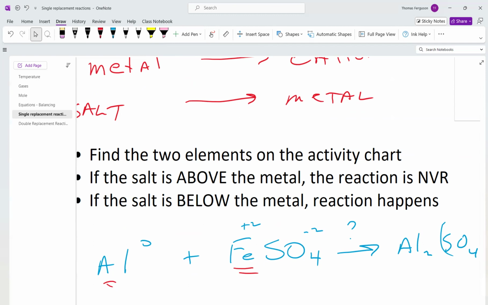So the reaction is going to go because it's more stable than what you started from. Okay. It's just you find the salt and the metal on your activity chart. In this case, the iron is below the aluminum, the iron salt.